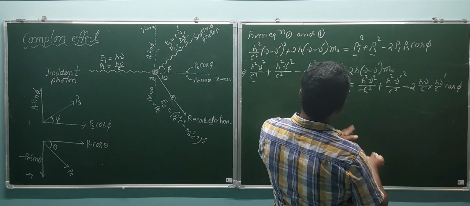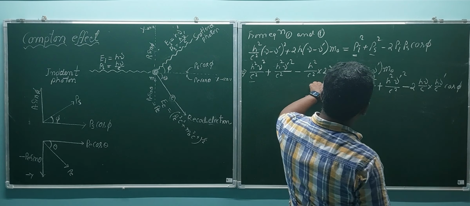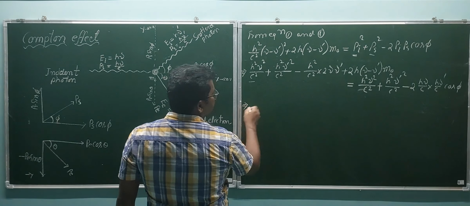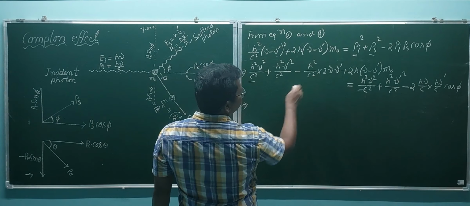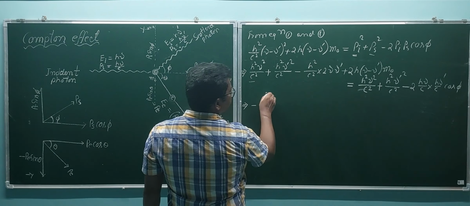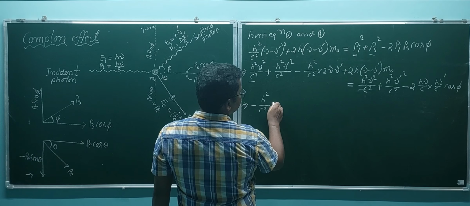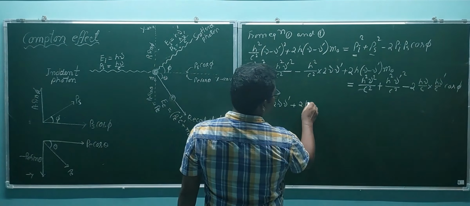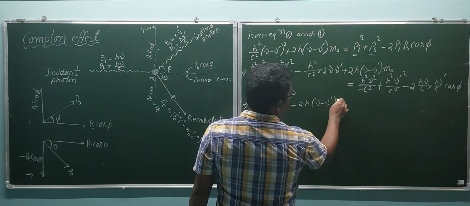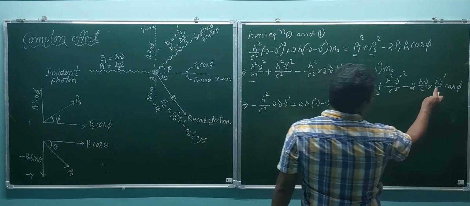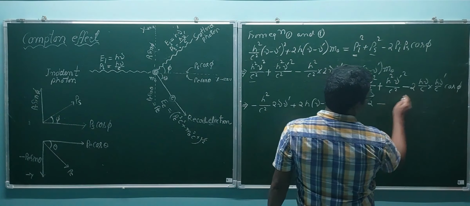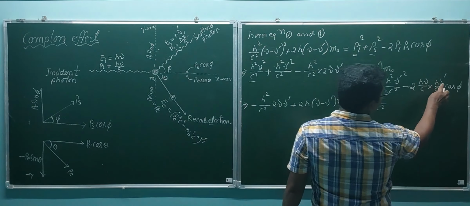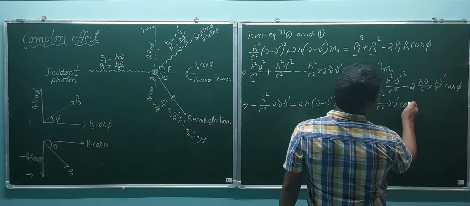We can take some common. Okay, so let us write one more step, then it will be okay. Finally we can write minus h square c square twice nu prime plus twice h nu minus nu prime m naught is equal to minus twice h square c square nu nu prime cos phi.